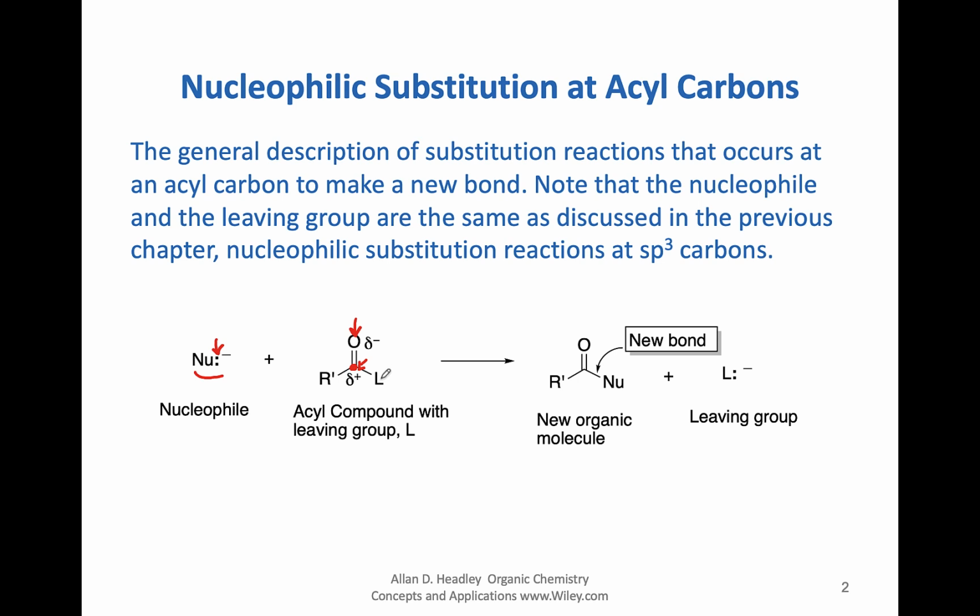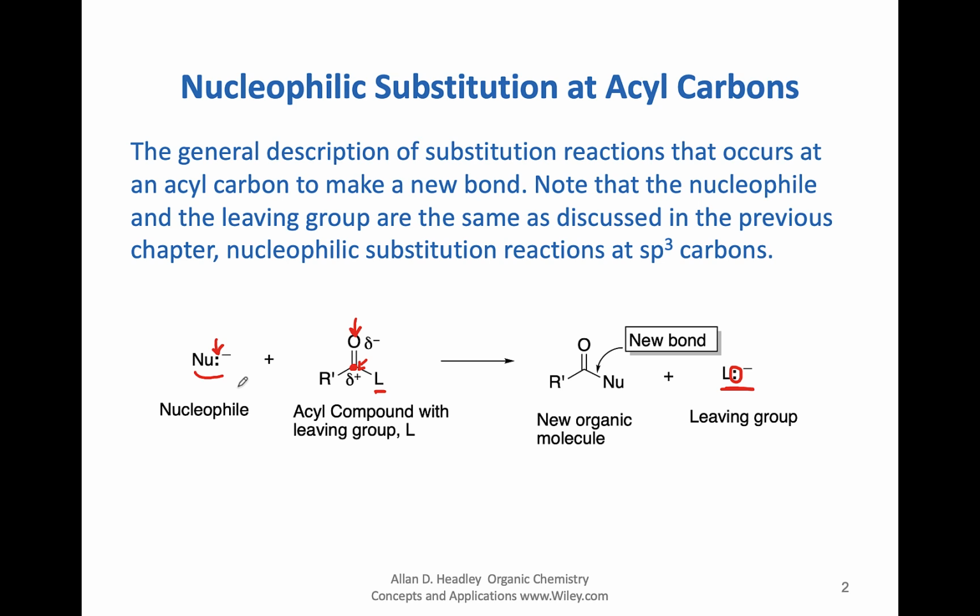Then here is L, and L, as we have defined from previous reactions, is the leaving group. So after it has left, it is a stable conjugate base. Stable. Keyword here is stable. Notice it will leave with its bonding electrons from here.